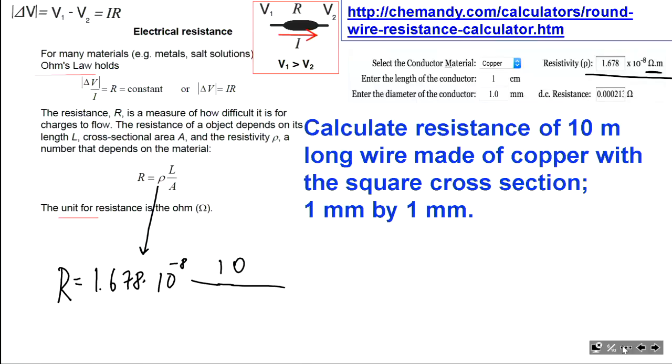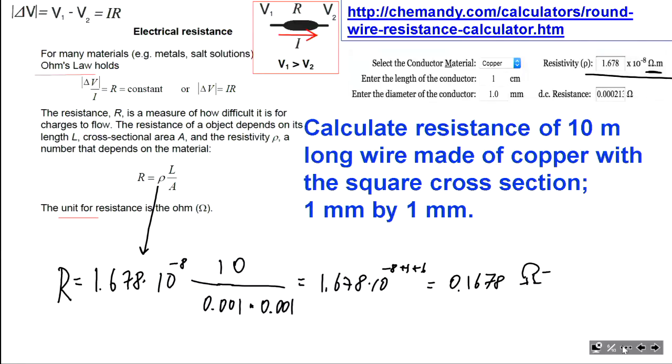But this is a square wire, so area equals length times width, and all we have to do is convert millimeters into meters. That's it. So now we just have to collect all the zeros. So 10 to the negative 8 plus 1 plus 6 gives 0.1678 ohms.